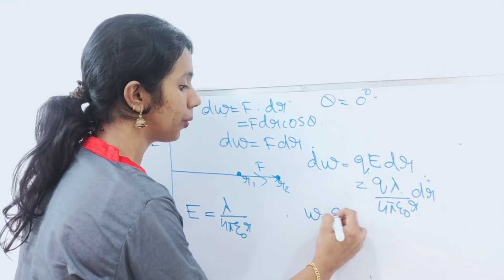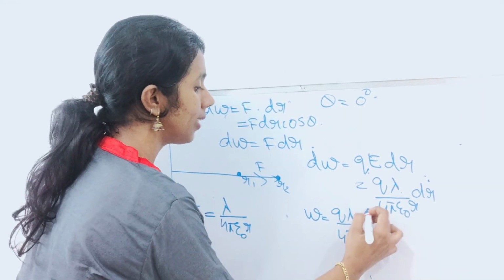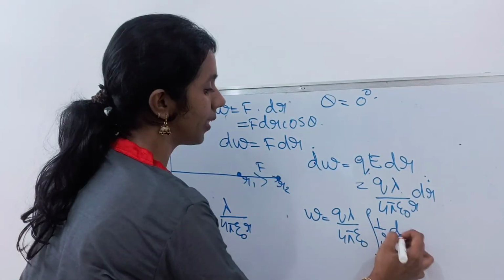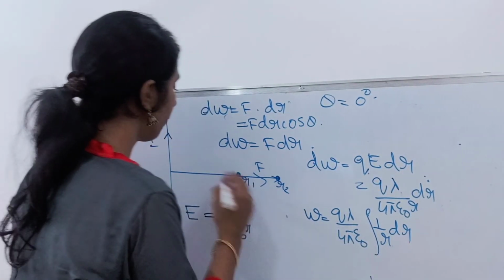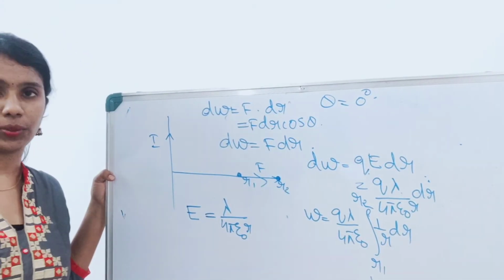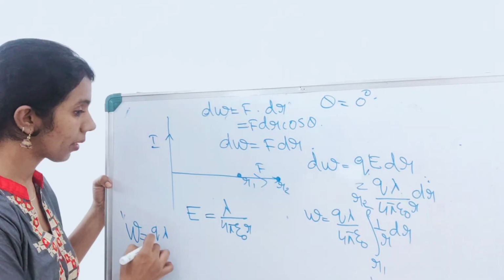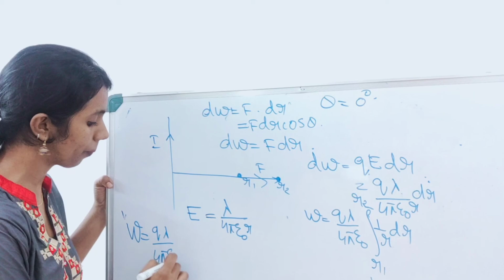So W is equal to q lambda by 4 pi epsilon 0 times the integral of 1 by r dr, because we are moving the charge from r1 to r2.